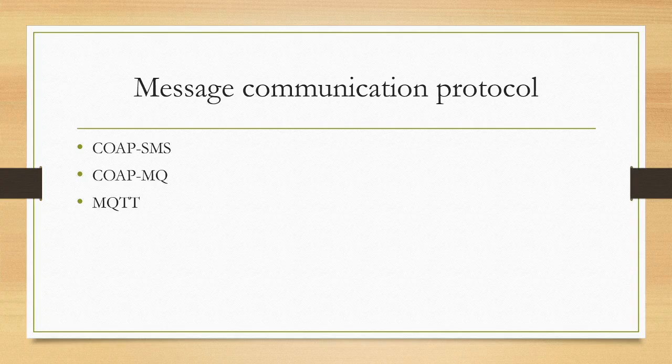The data interchange sequence is as follows. First, the MS or CoAP client sends an SMS request command, SMS submit, to the SMS center. Second, the SMS center reports to the MS CoAP client using submit reports. It is a command.